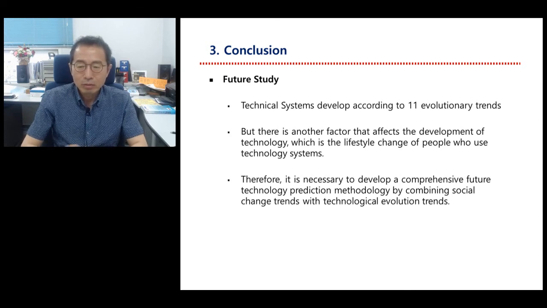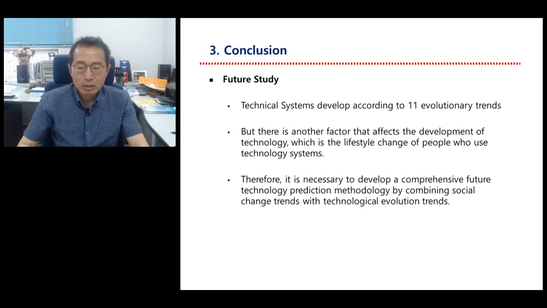But there is one thing to consider. Just as Darwin said that animals and plants evolve in a variety of ways, but that the species chosen by nature survives, a technology system can survive only when people choose it. Therefore, we need to consider social trends as well as technical aspects.